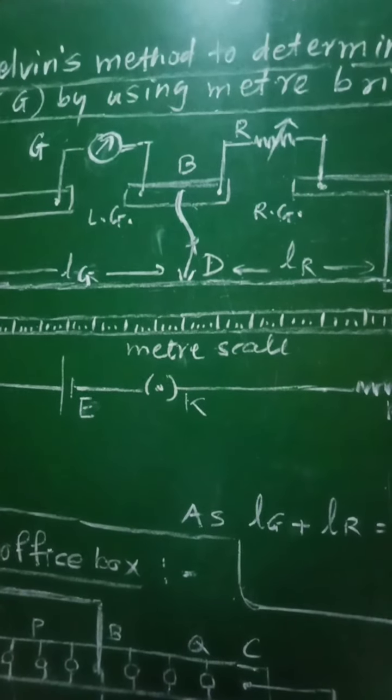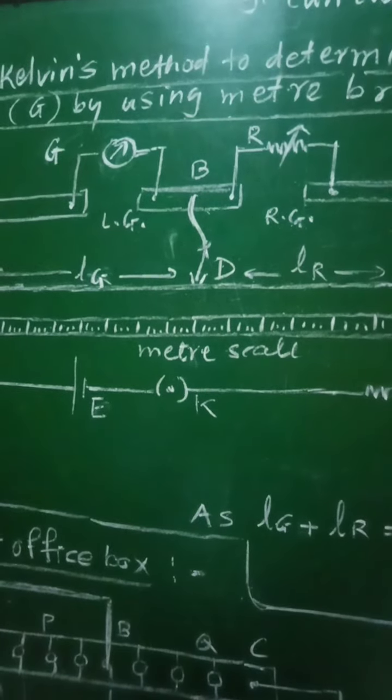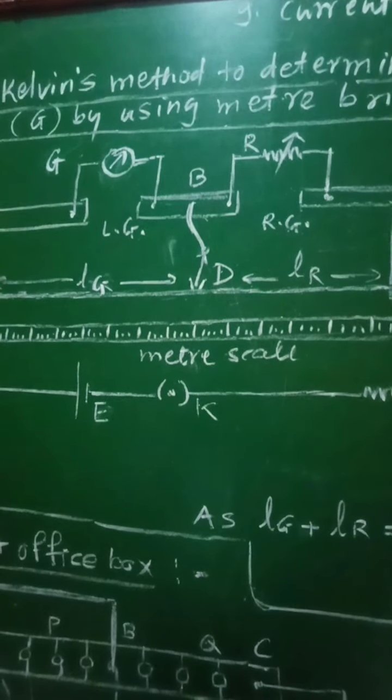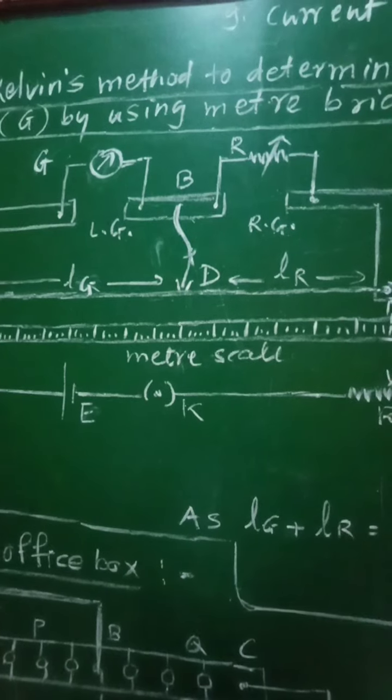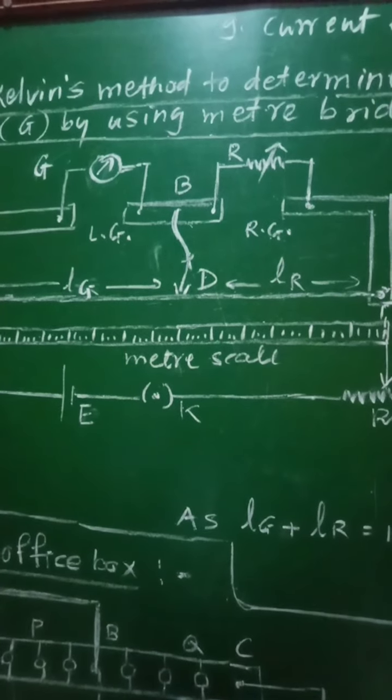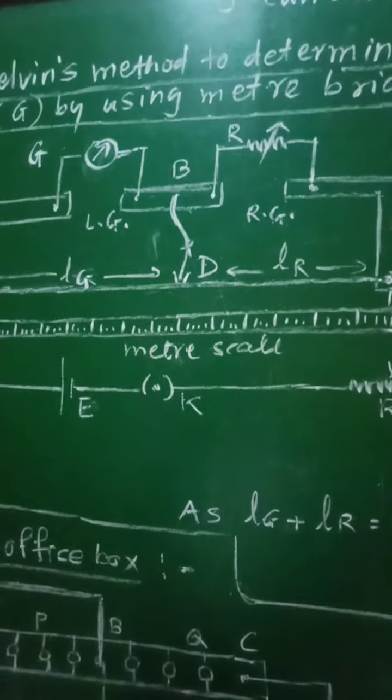Then the jockey will be tapped at different points of the wire, and a point of contact D for which the galvanometer shows no change in the deflection is found.